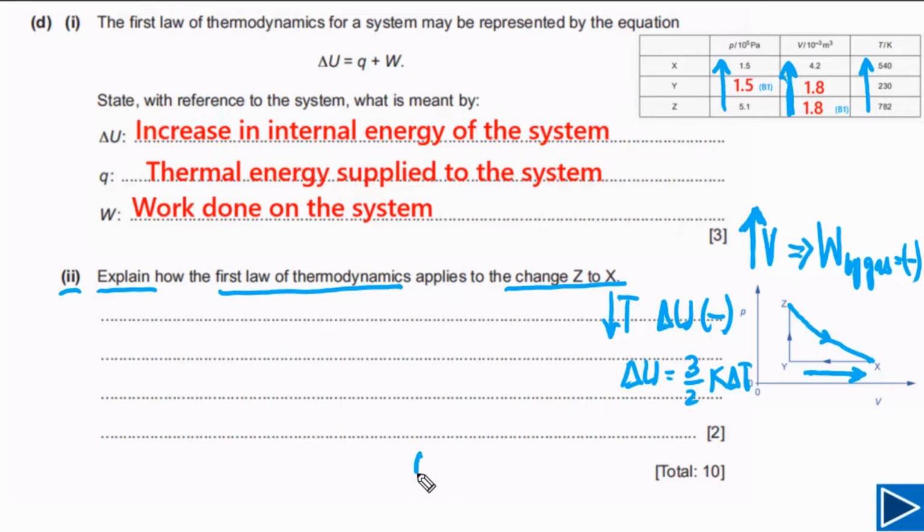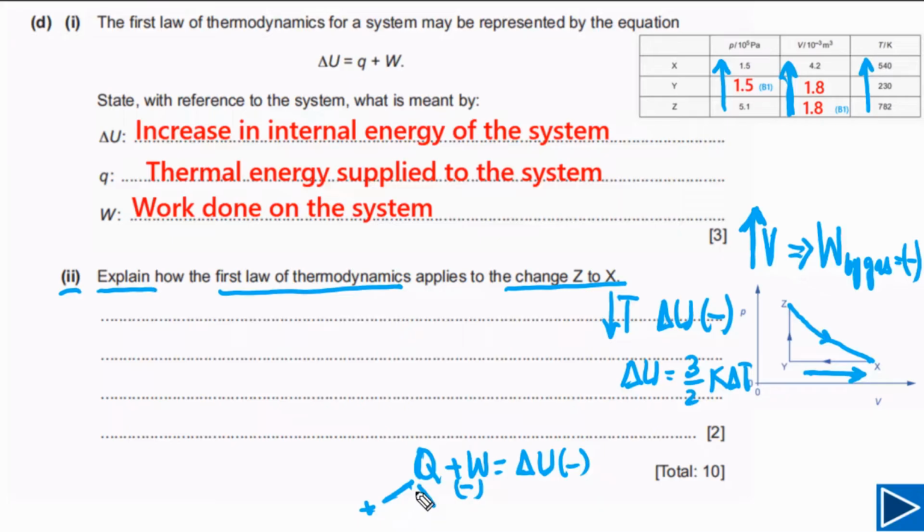Now, if we write down the first law of thermodynamics, we can say Q plus W is equal to delta U. The change delta U is negative, and W is also negative. But Q can be positive, it can be negative. It depends on the exact value of Q, means how much Q has been added.